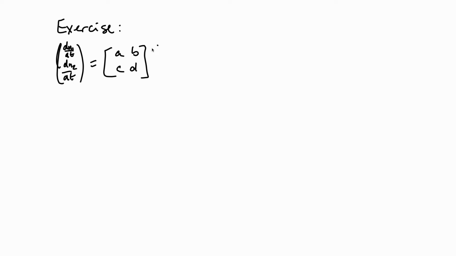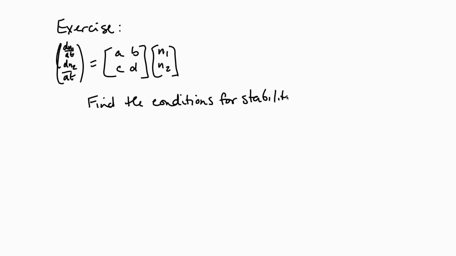So while we're on the subject, as an exercise, for the model we just talked about, dn1 by dt and dn2 by dt is equal to a, b, c, d times n1 and n2, find the conditions for stability of the equilibrium point.